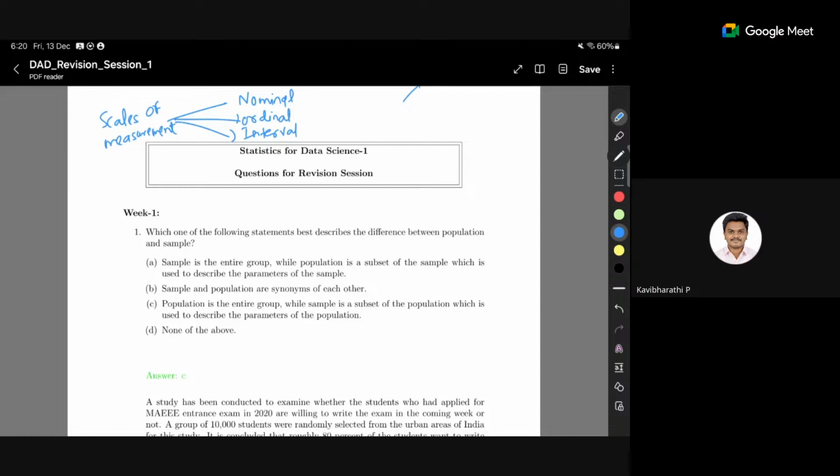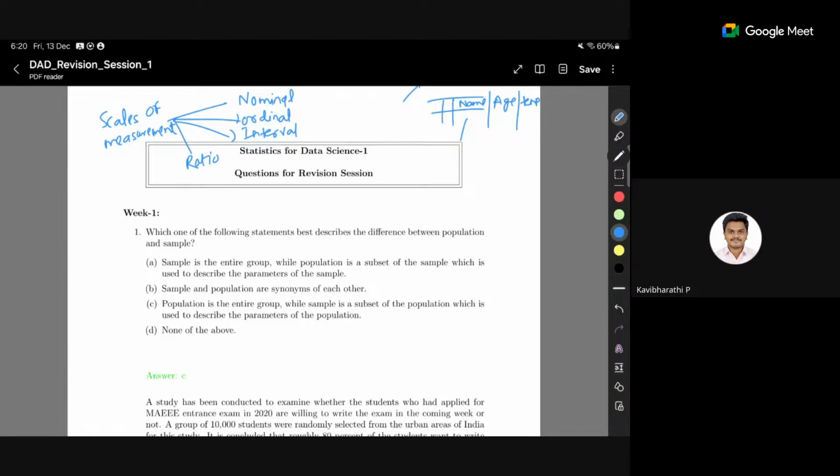So how do you measure a column? If a column is given to you, let's say name is there, age is there, let's say their body temperature could be there. So how do you classify these columns? You can classify them in either of these four: nominal, ordinal, interval, and the last one is the ratio.